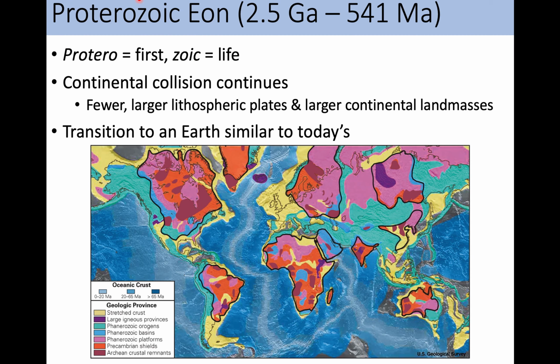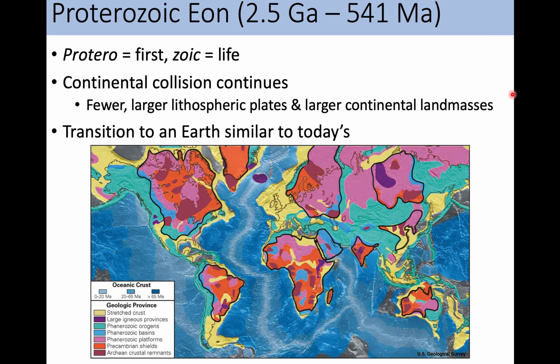So we originally thought that our first life was in the Proterozoic eon, and that's why it was named the Proterozoic eon. However, we have since discovered that life actually began much earlier, about 1 billion years earlier than we thought. So don't let those names confuse you. The Proterozoic eon is definitely where we saw a boom of life, but our first life was actually found previously.